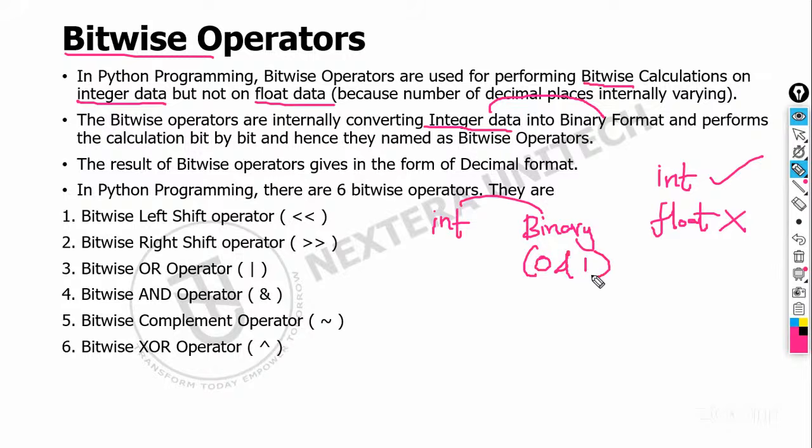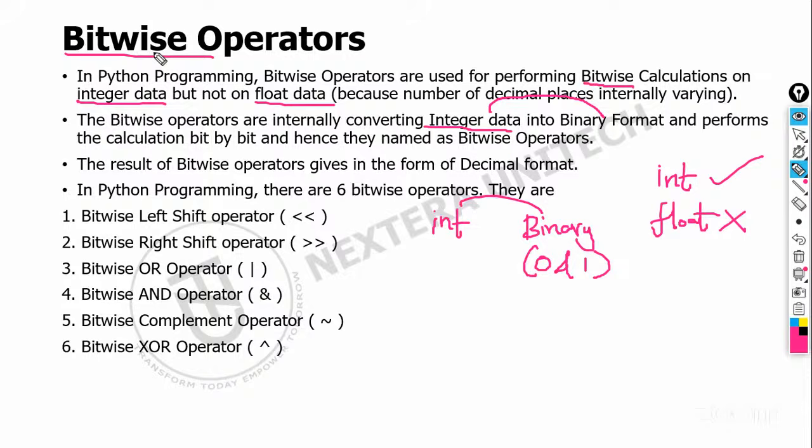Zeros and ones, right? So whatever int type value you are taking gets converted to binary format, that means zeros and ones, and performs the bitwise calculations bit by bit.